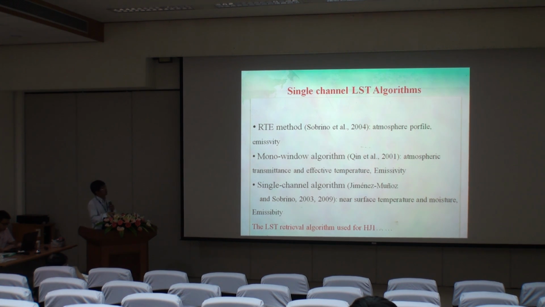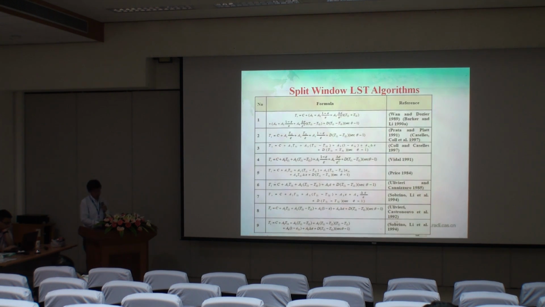These algorithms need the atmosphere transmission, the effective temperature and the land emissivity. And for the single channel algorithms, other research was proposed in 2003 and 2009. These algorithms need the near surface temperature and the moisture of the atmosphere, and also need the land emissivity. For the China HJ-1 satellite, we have also developed some single channel land temperature retrieval algorithms based on similar methods.